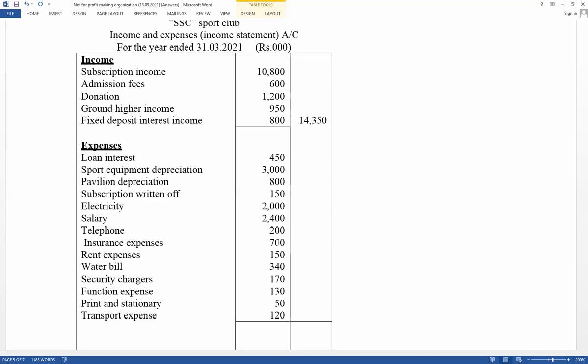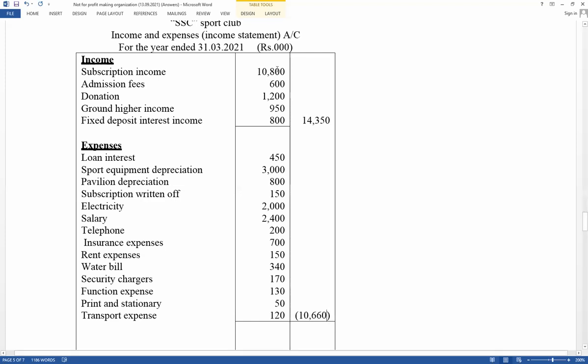Income minus expense equal surplus and deficit can be calculated. Therefore, expense total amount equal here 10,660. Then income minus expense, surplus can be calculated. Income minus expense equal difference value 3,690. That is a surplus.